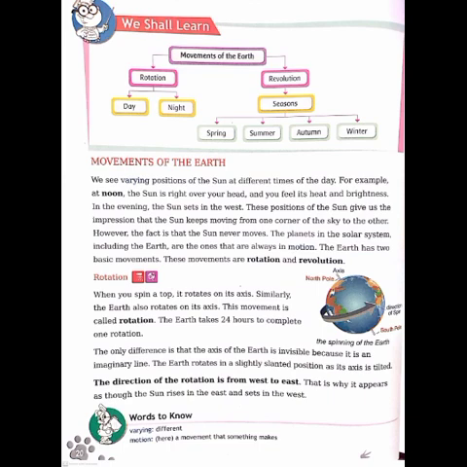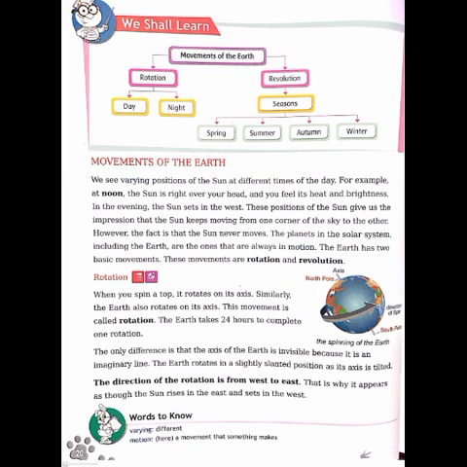At noon the sun is right over your head. These positions of the sun give us an impression that the sun keeps moving from one side to another side, from one corner of the sky to another.